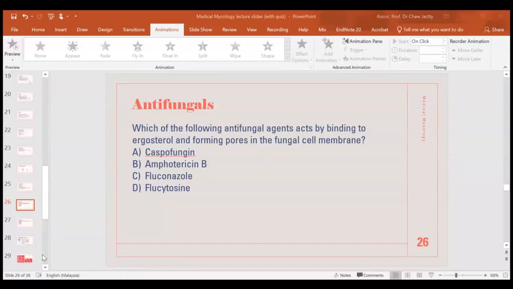What about, can you recall, if I ask you to just quickly type the mechanism of action of your azoles, how does this antifungal work? Anyone?